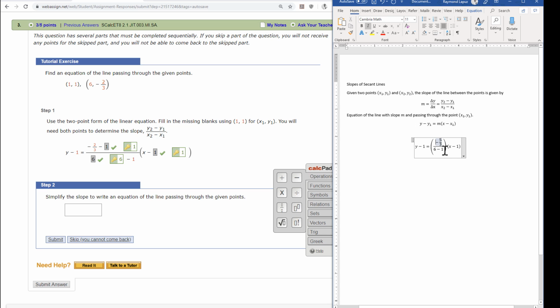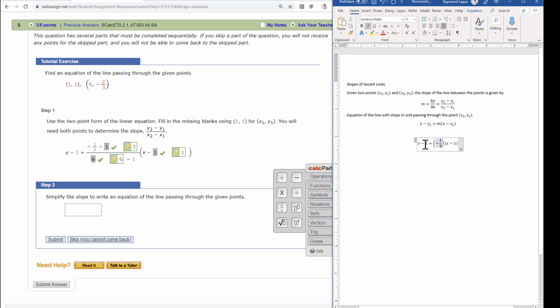And then here we have 6 minus 1, which is equal to 5. And then if we multiply this by the reciprocal, that's negative 5/3 times 1/5, and so the 5s would cancel. So I think all in all, this is just going to be negative 1/3. I suppose we can leave it like that.